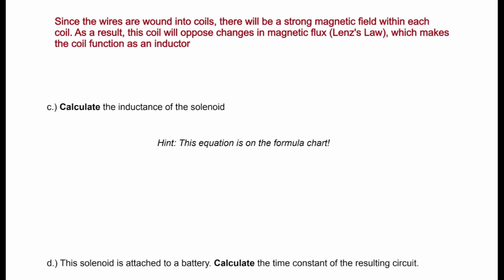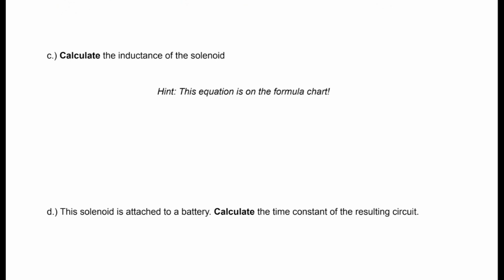So now we'll calculate the inductance of a solenoid. We derived this formula a while ago, but it's something we're just given on the formula chart, so we're not going to reinvent the wheel. But to do this, we figured out the total flux through the solenoid, and then we divided that per unit current and found that the inductance of a solenoid is given by mu of the material used for the core times the number of turns squared times the area of each coil divided by the length.